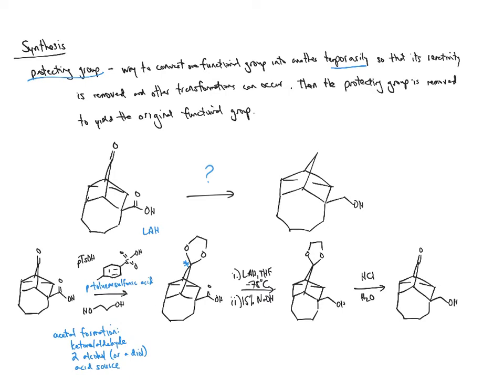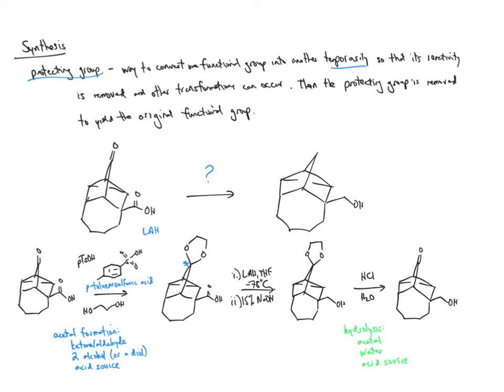For hydrolysis, we need an acetal, we need water, and we need an acid source. And the mechanism for this is going to be the reverse process where water is incorporated.